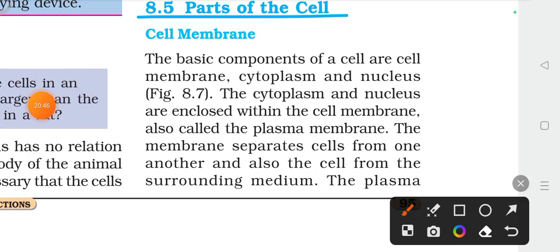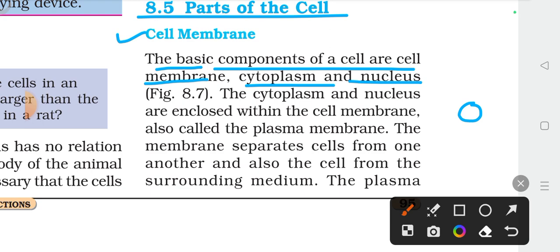So, parts of cells. The first part is the cell membrane. The three basic components of the cell are nucleus, cytoplasm, and cell membrane. Cytoplasm is the fluid in the cell.